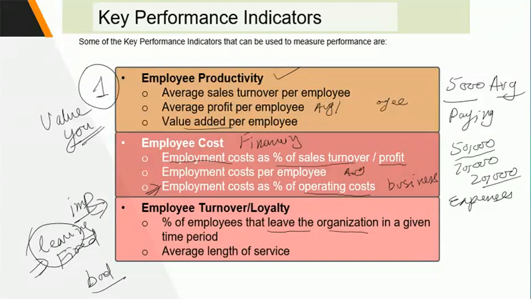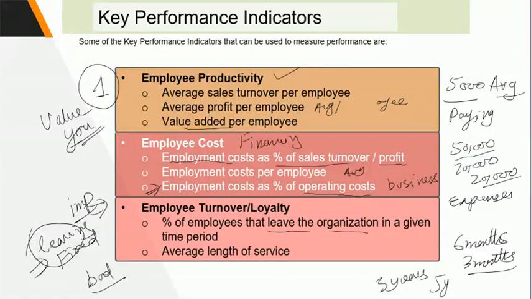Like employees are leaving all the time, no one is sticking around. For the average time period, like if every 6 months or every 3 months an employee is leaving, then it means that the turnover is very fast. But if the employees are leaving after 3 years, or after 5 years, then the employee turnover is low.